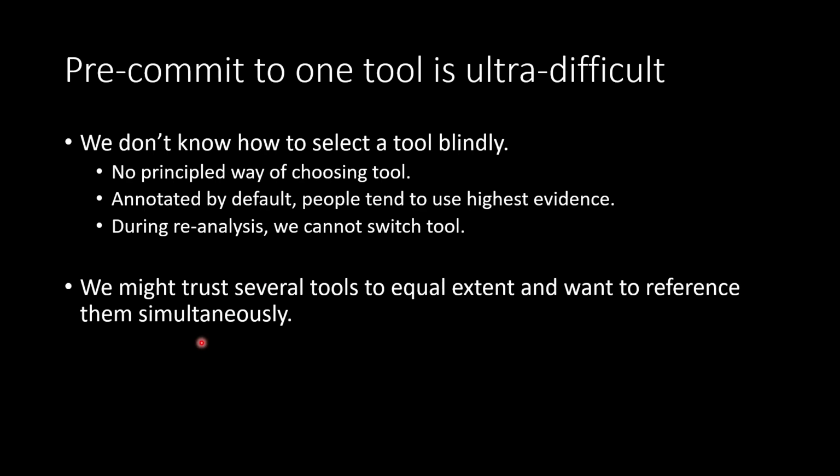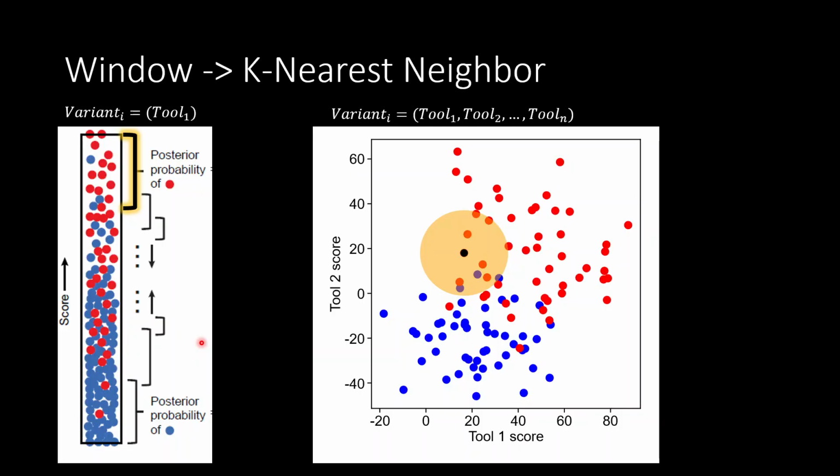And the second main reason is sometimes we might trust several tools to an equal extent and want to reference them simultaneously. So based on these motivations, our answer is, why not calibrate them together? The idea is actually a very simple extension of the existing calibration method. In that method, we use a one-dimensional score to find the variants in the neighborhood.